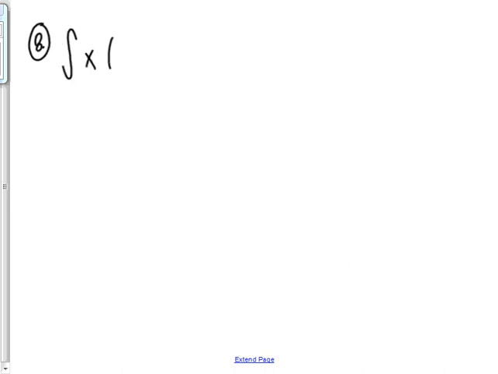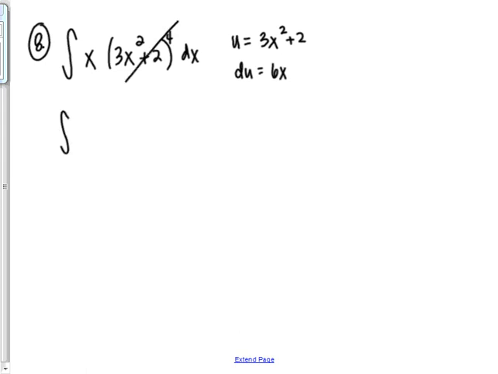And last one. Integral of x times 3x squared plus 2 to the 4th dx. No rewriting. So u is just 3x squared plus 2. du is just 6x. So that's u to the 4th. I need 6x dx, so I need a 6. So cancel it out.